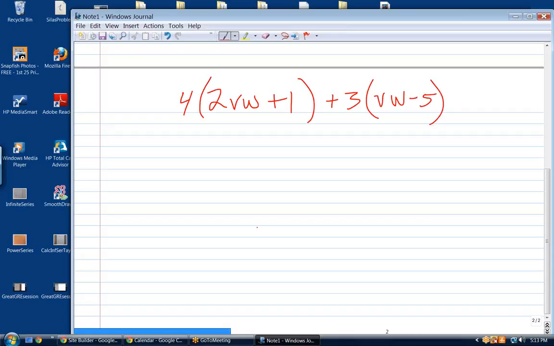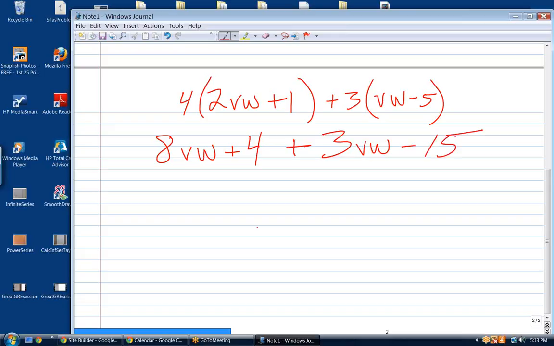What's our first step going to be? Distribute. Okay. So what's our next line? 8 VW plus 4 plus 3 VW minus 15.